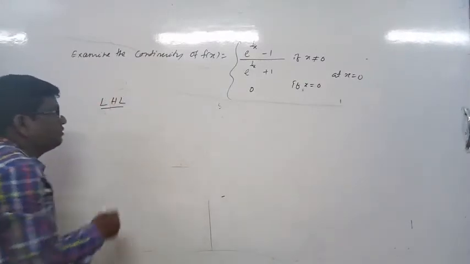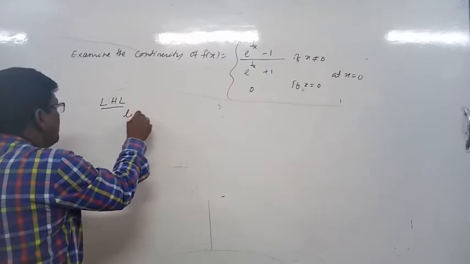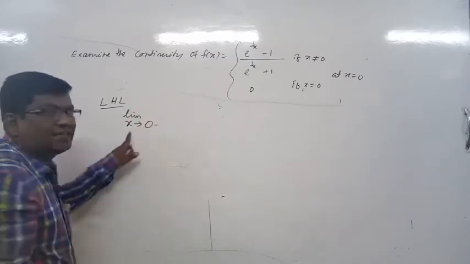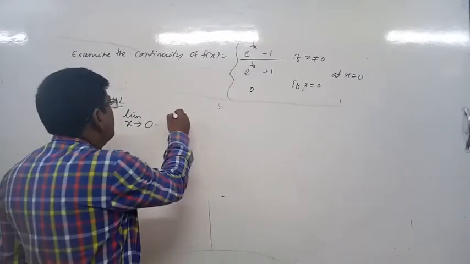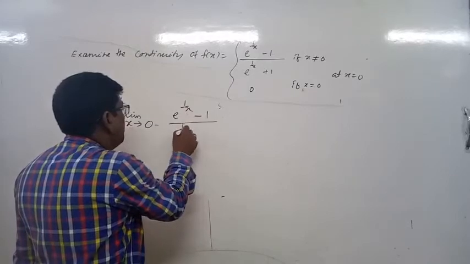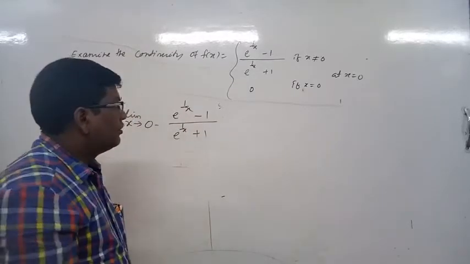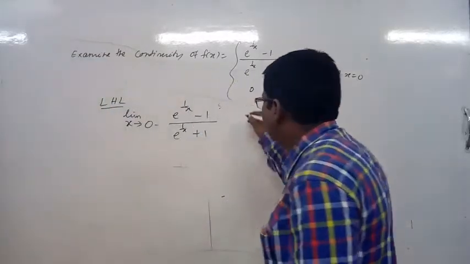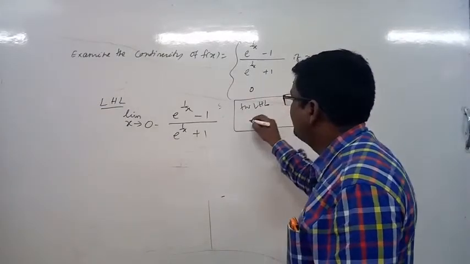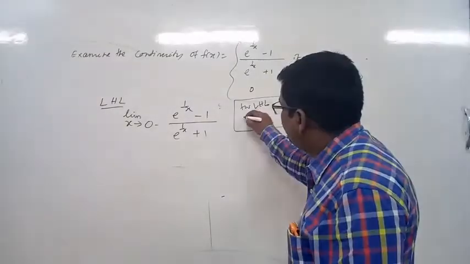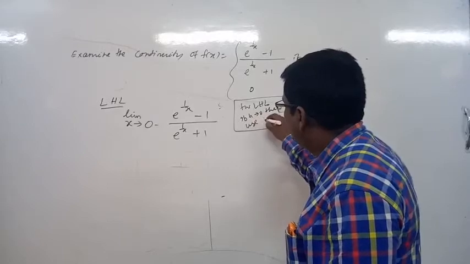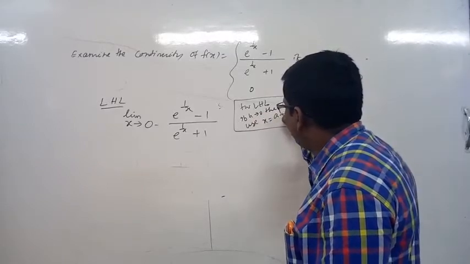Left hand limit, limit x tends to 0 minus, this is a minus, and this is equal to e to the 1 by x minus 1 by e to the 1 by x plus 1. For LHL, the rule is if x tends to 0, then use x is equal to a minus x.